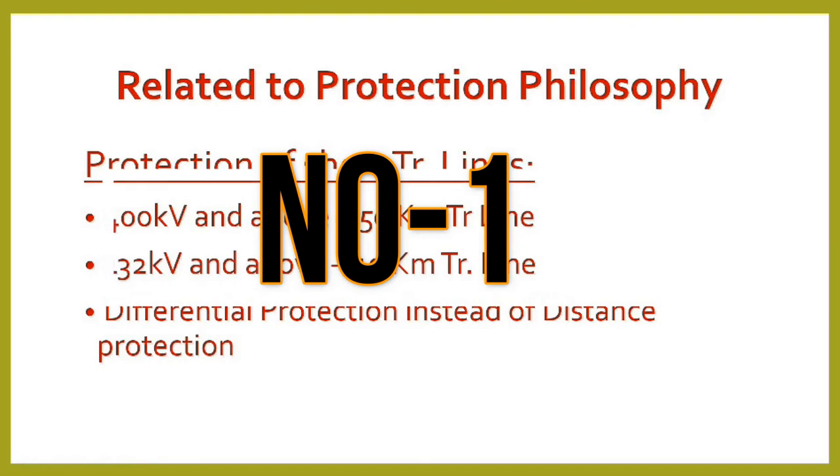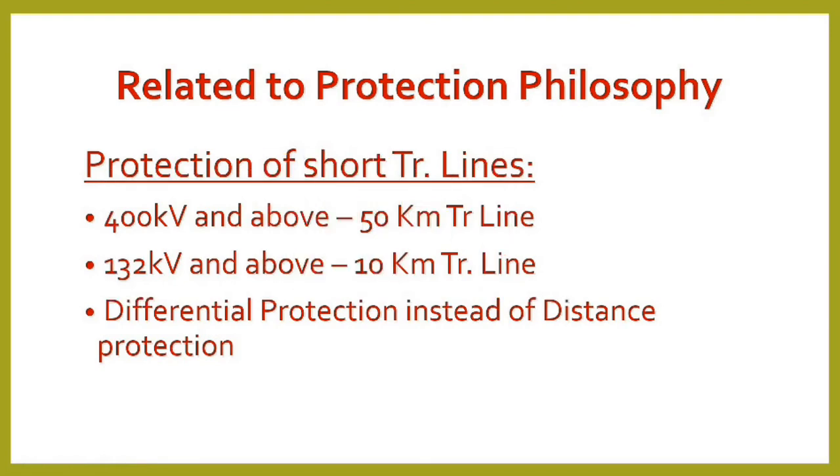Number 1. It is related to protection of short transmission lines. In 400 kV, transmission lines of 50 kilometers and below are considered short transmission lines. In 132 kV and above, short transmission lines are considered as 10 kilometers or below.